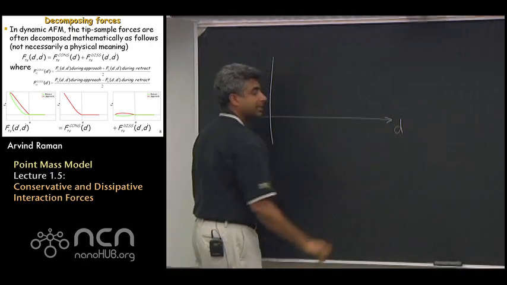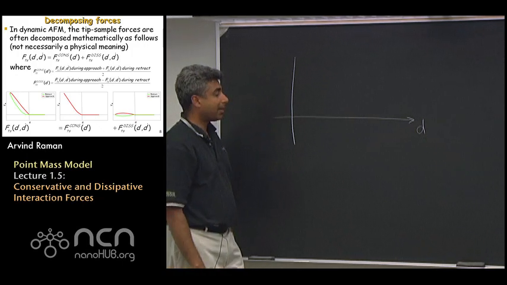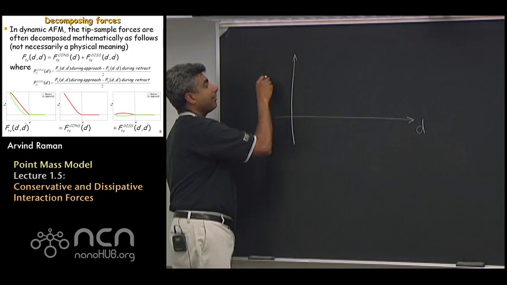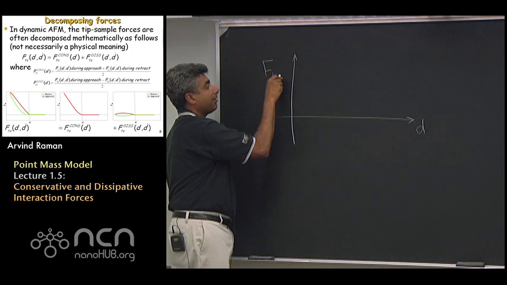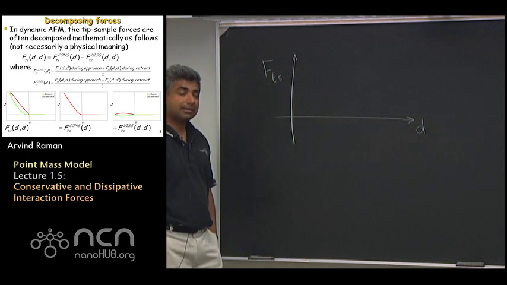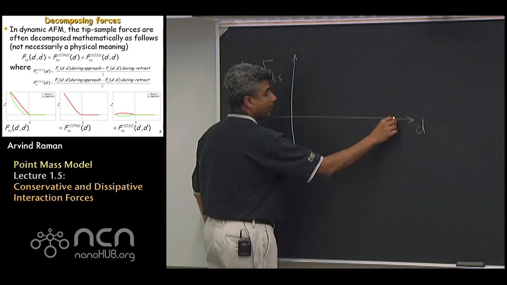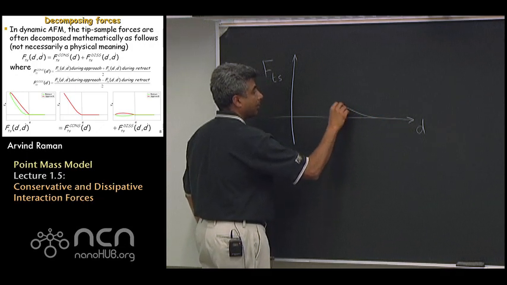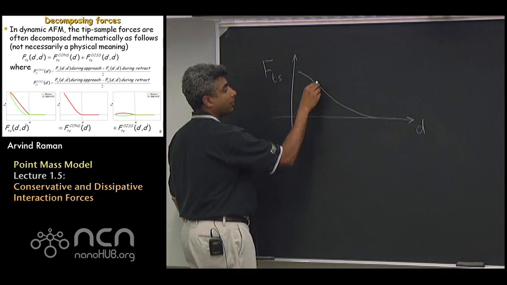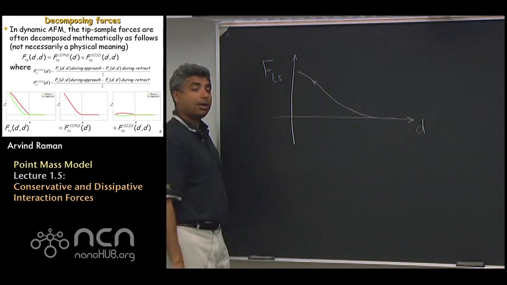So we have along this axis the tip-sample gap D, and we have the tip-sample interaction force FTS along this axis. As one approaches the sample, one might approach along this direction.